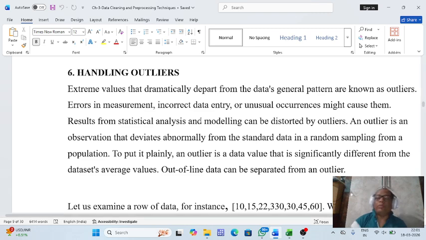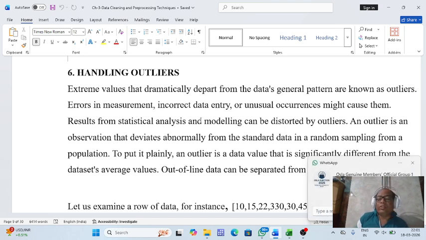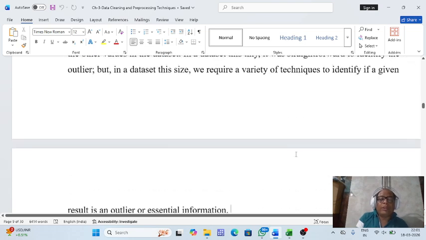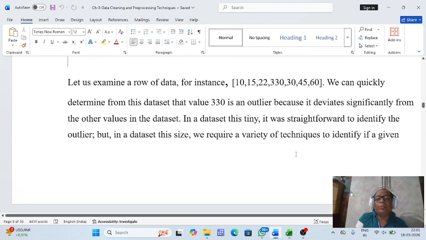Such values which are not near the average value can be treated as outliers. For example, in the data series 10, 15, 22, 330, 45 and 60, clearly you can see that 330 is the outlier, and this deviates significantly from the other values in the data set.